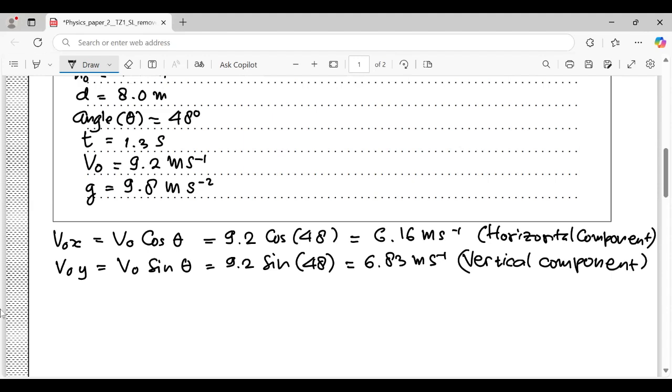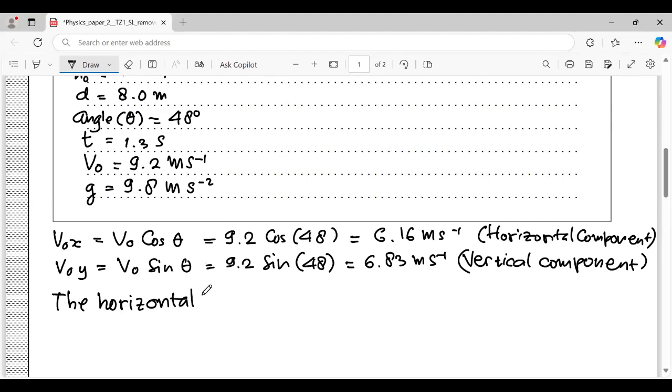Right. The horizontal motion, I have to write in here, because this is important information.